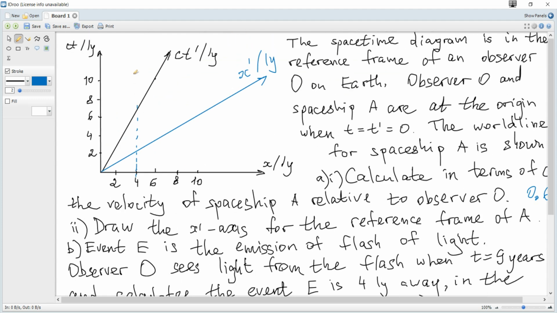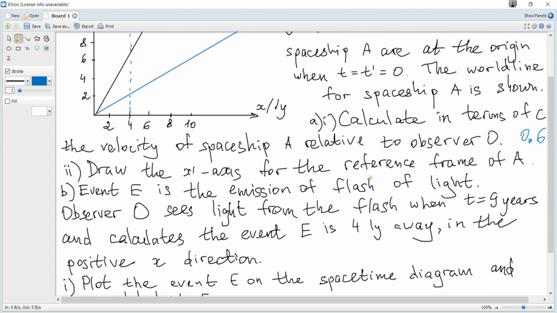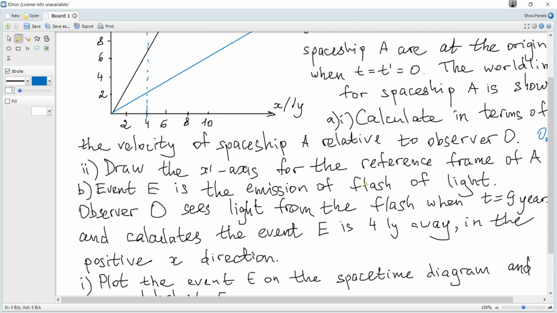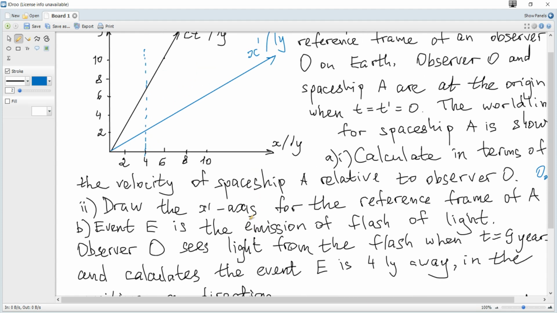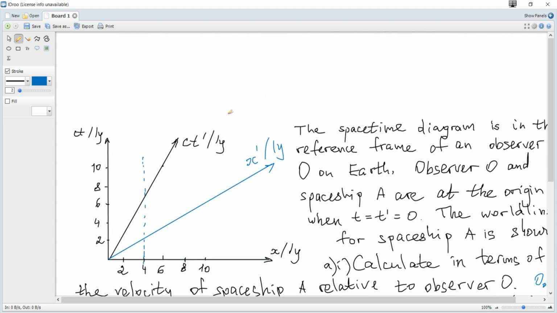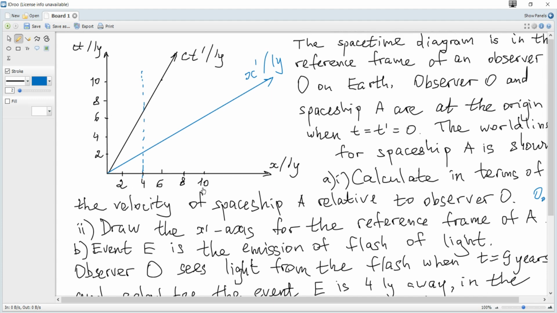years, or ct is 9 light years. A flash of light, or a signal moving at the speed of light, is represented by a line at 45 degrees. Why? Because tangent is v over c. When v is c, tangent is 1, so theta is 45 degrees.